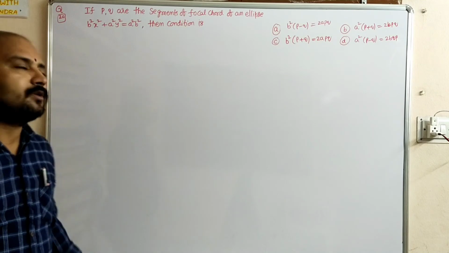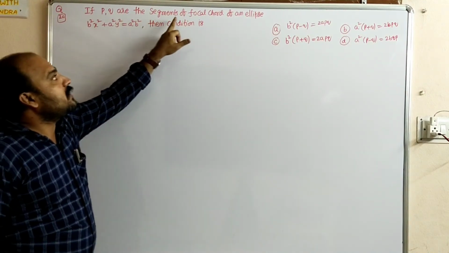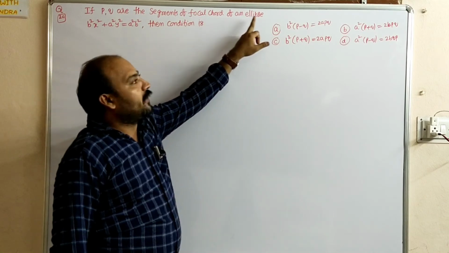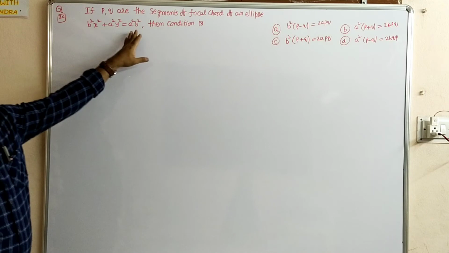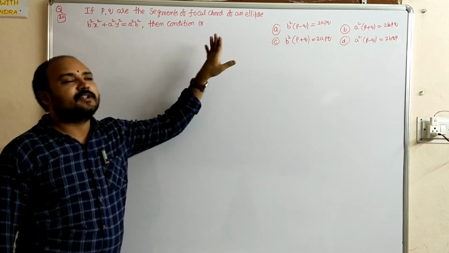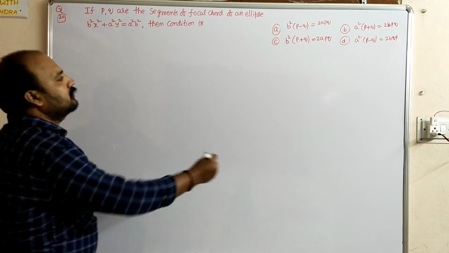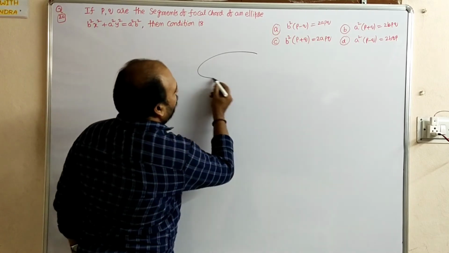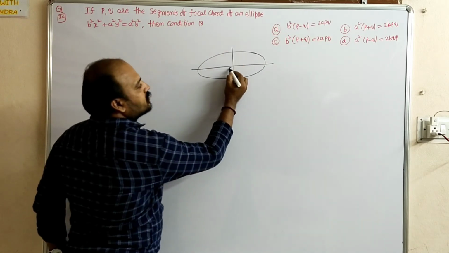The next question. If p, q are the segments of the focal chord of an ellipse, B square x square plus A square y square equal to A square B square, then the condition is, see here it's very simple. This is the ellipse equation, center.